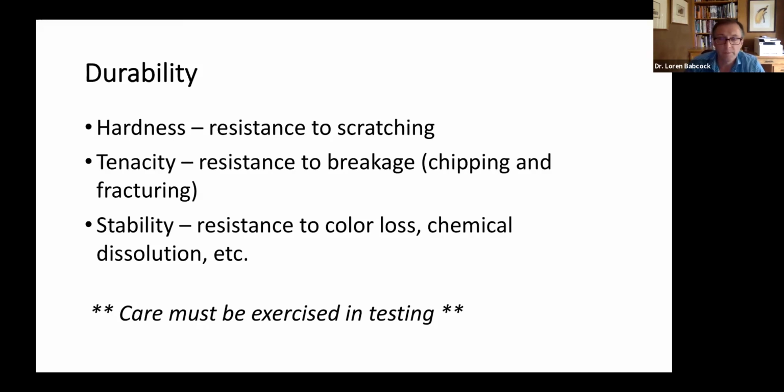And I think most people are familiar with Mohs scale of hardness, which organizes minerals from 1 to 10, 1 being the very softest, like talc, and 10 being the very hardest, like diamond. And things that have a higher number can scratch those with a lower number. So for example, number 9 on the hardness scale is corundum, 10 is diamond, diamond can scratch corundum.